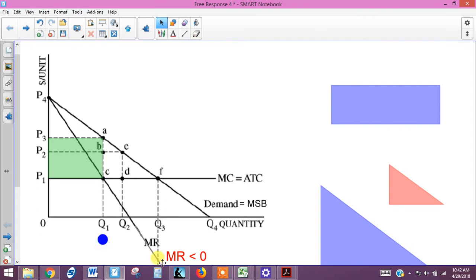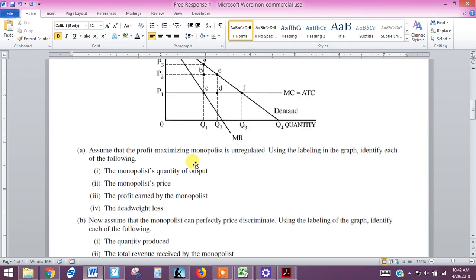All right, now where are we? So now I believe that takes care of... no, we need to look at deadweight loss.